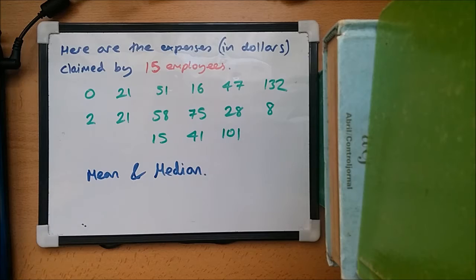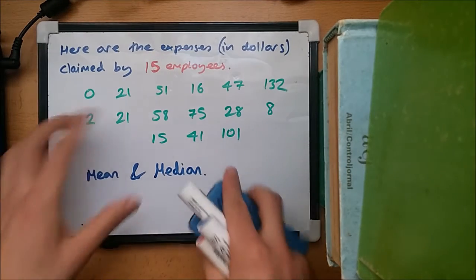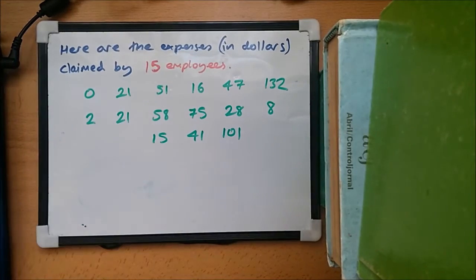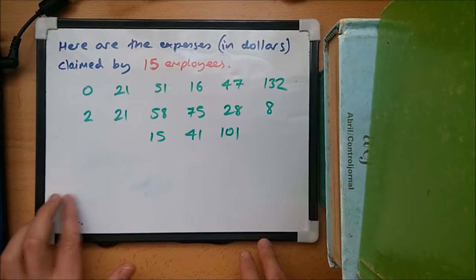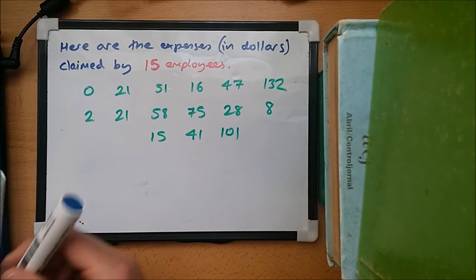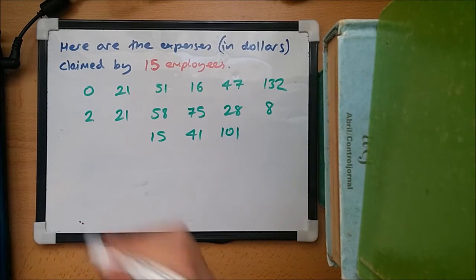Okay, so without further ado, how do we start this? Well, when you're given any set of data, you should always rearrange this data in order, in ascending order is a more appropriate term. So let's put this in ascending order firstly. We start with 0 because it's the smallest.